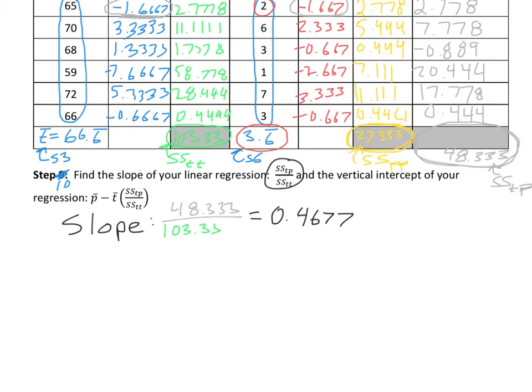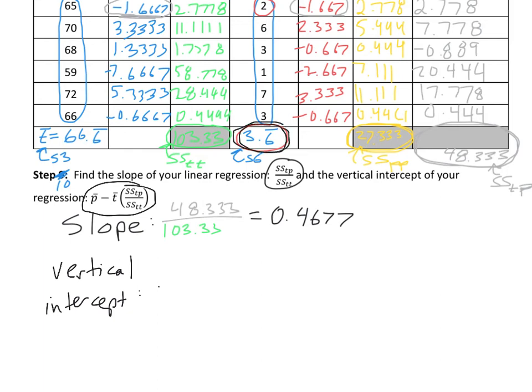Okay. Now, what about the vertical intercept? What about the y-intercept? Which in our case here is going to be a p-intercept, right? To find the vertical intercept, we're told that we're supposed to use this right here. Okay? So I'm supposed to do p bar, which was sort of this value right here.